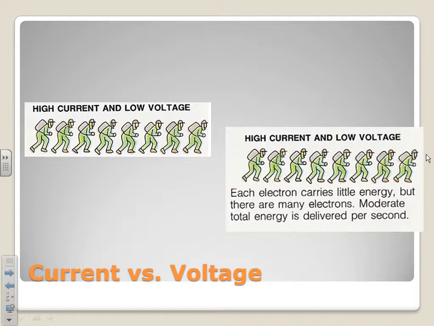Then you get 3 carts with a lot of stuff. So let's go with this. The number of shopping carts would represent the electrons, the current, right? So if you have a lot of shopping carts, that would be a high current. But if you don't put very much stuff in each shopping cart, that would be a low voltage.